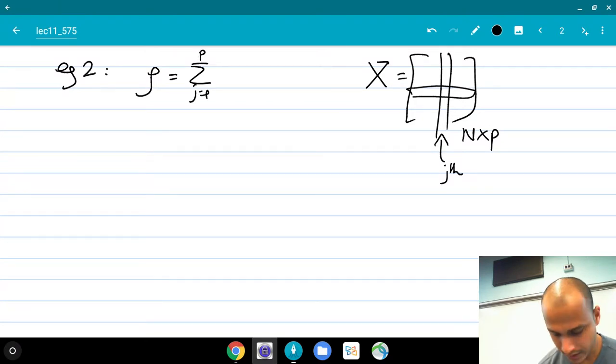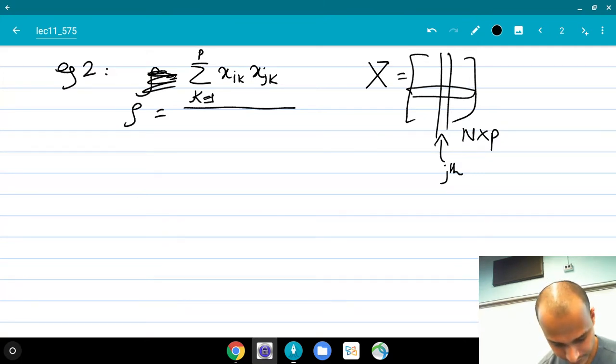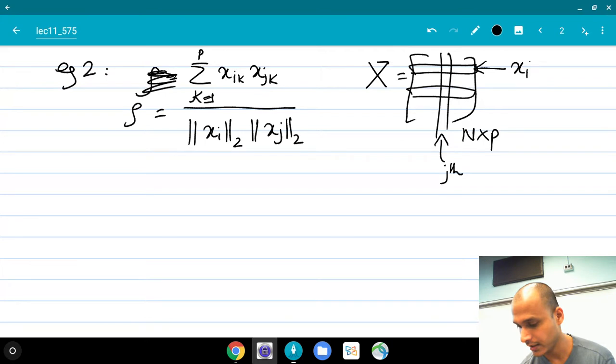Sum over k is equal to 1 to p of xik xjk, divided by the normalization. So rho of xi, xj, where xi and xj are two observations.